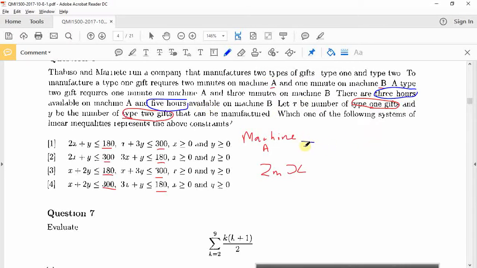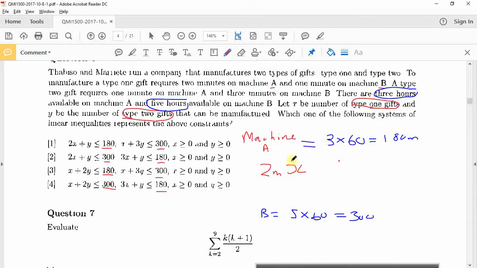So machine A has 3 times 60 is 180 minutes. Do you agree? Yes. Okay, then we've got machine B, which is 5 times 60, which is 300. Okay, so that's better. Now we're getting somewhere. Let's go back to the red.